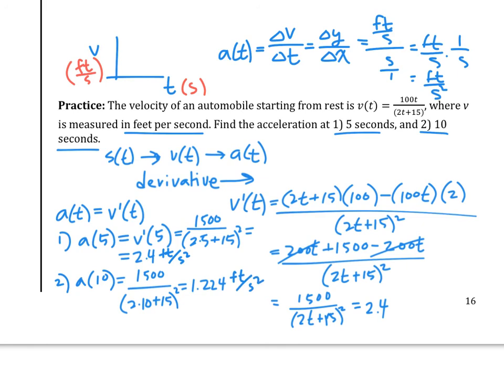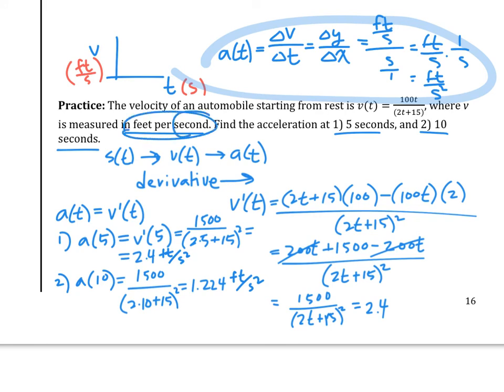One way I try to remember the unit without actually doing this whole calculation is if I know that I am finding a derivative, I would take the original unit and then divide by the per unit again. So the original one was feet per second. I know second is the one I'm dividing by.